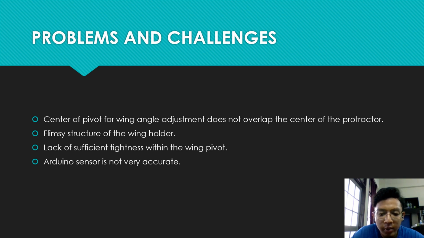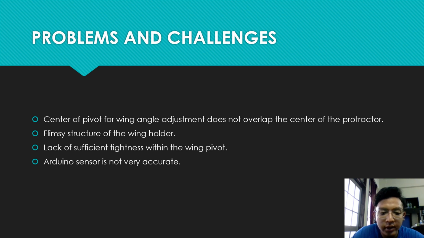Obviously this cannot be accepted because for one trial, if the angle is set to, for example, 20 degrees, it should be 20 degrees all along the trial. So when the angle is set to 20 degrees, at high wind velocities it will start to change to higher angles because it's being pushed by the wind.